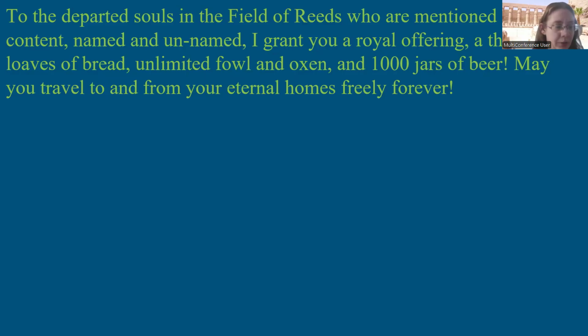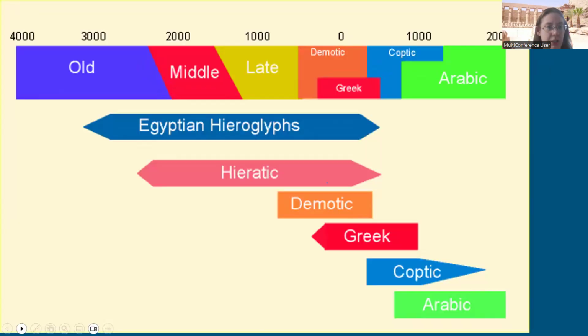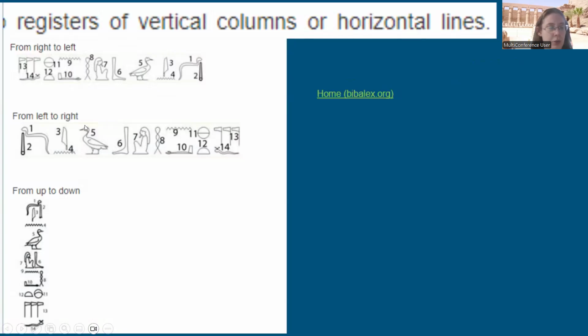So, where we last left off from part one, we were talking about hieroglyphs and some of the basics and how to approach them and how to start to try to read them. So this is a screenshot from that site that I showed everyone in part one, that hieroglyphic step by step.